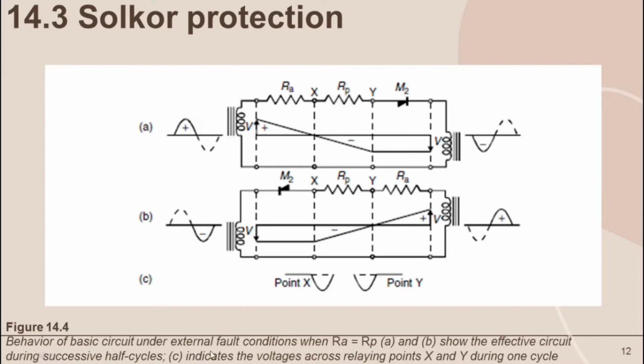So kung under external fault conditions, or outside siya ng Solcor protection system yung fault natin, either from right side or left side, or kung anong rectifier ang nag-short, ganito ang behavior ng voltage throughout the system. So sabihin natin sa right side yung external fault, or yung M2 yung nag-short na rectifier. So ganito yung behavior ng voltage throughout the cycle.